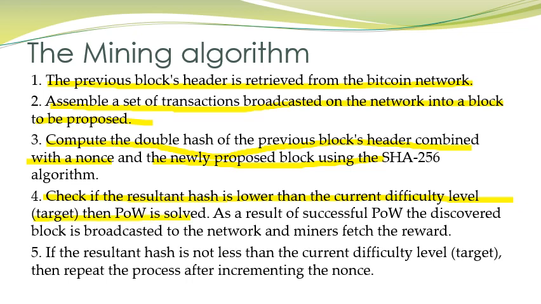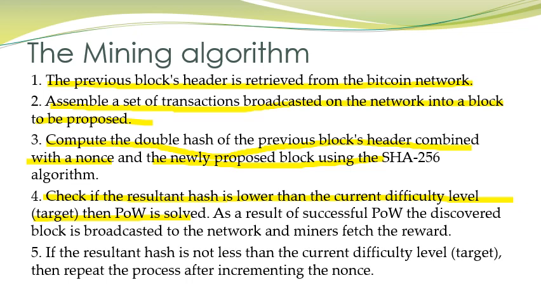This mining algorithm checks whether the resultant hash, whatever hash we have calculated from the nonce, the hash of the previous block, and the transactions, is lower than the current difficulty level, and if it is less than the current difficulty level, that means the proof of work mathematical puzzle is solved.